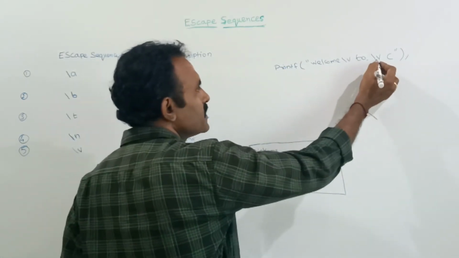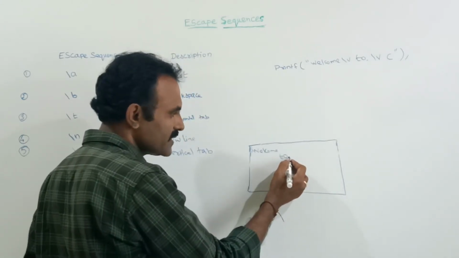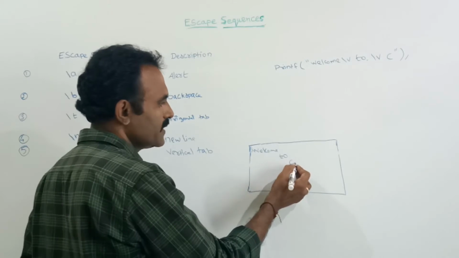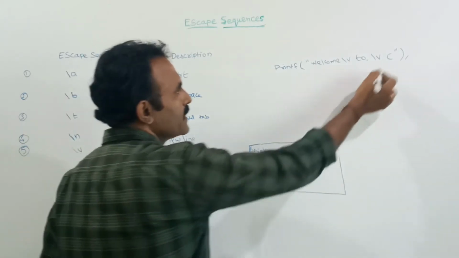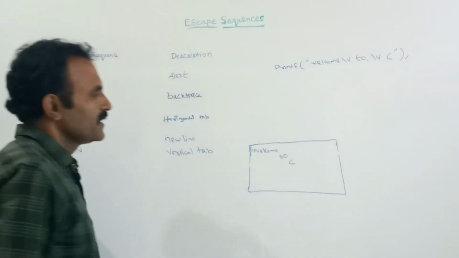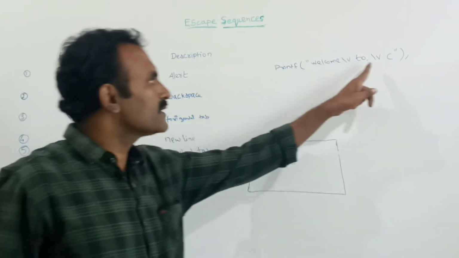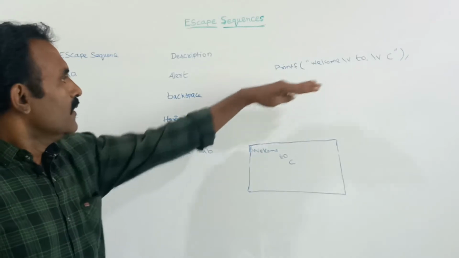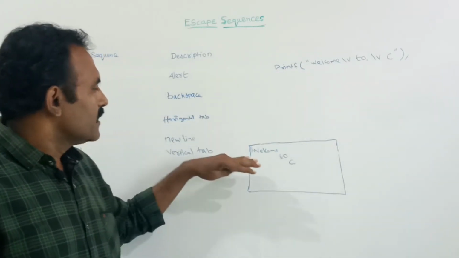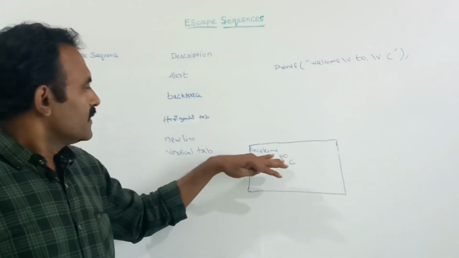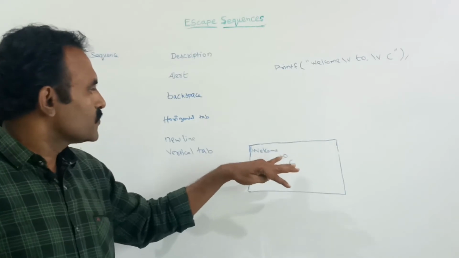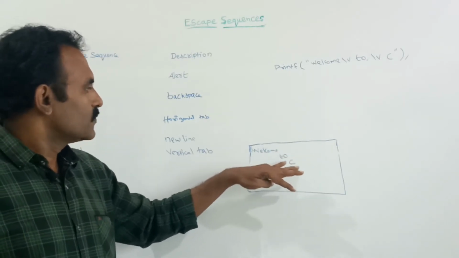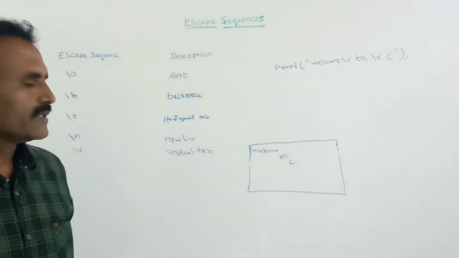Now I am using \v, so from this current position it goes to the next line and prints the text here, that is C. In the vertical tab, if you are using it, welcome to C, from the current position it moves to the next line. See, welcome to C will be printed like this.